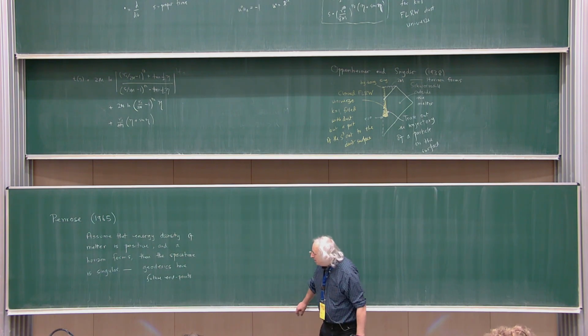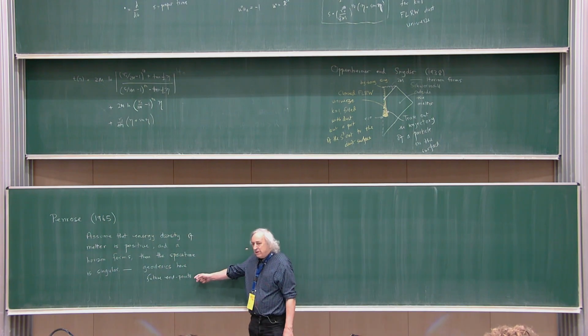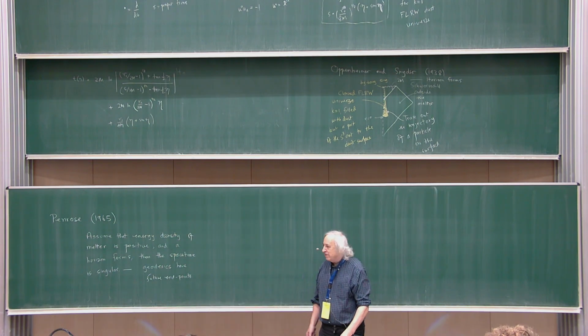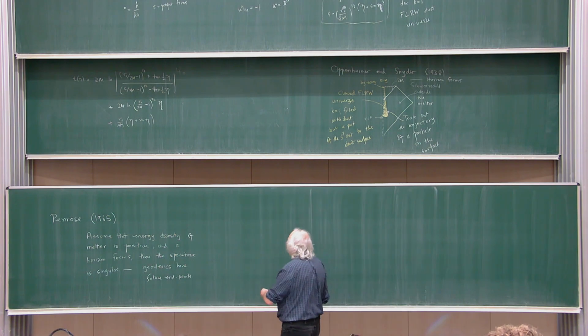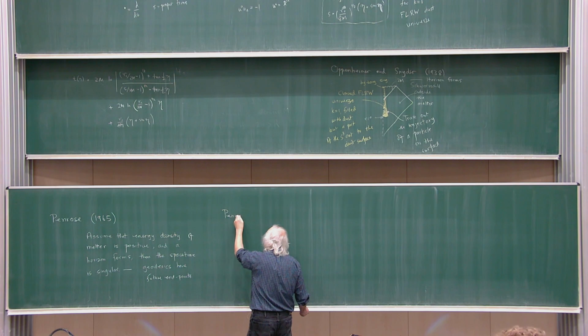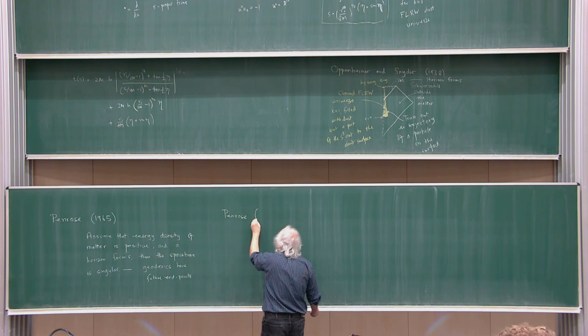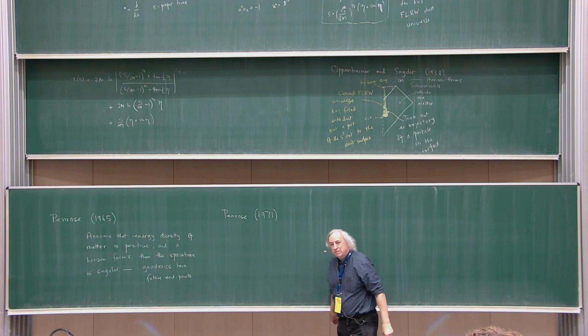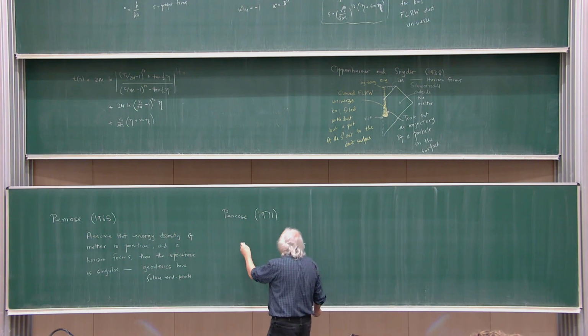The trouble is that the region where these endpoints happen might not be inside the horizon. So there's a second, not result of Penrose. This is weak cosmic censorship.